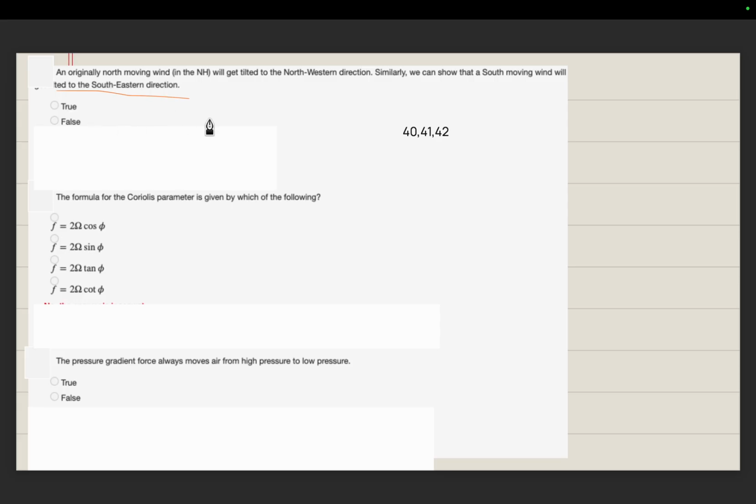Is this statement true or false? This statement is false. The second part is true, but in the northern hemisphere a north moving wind will shift towards the right, so it will move in the northeast direction. So this whole statement becomes false.